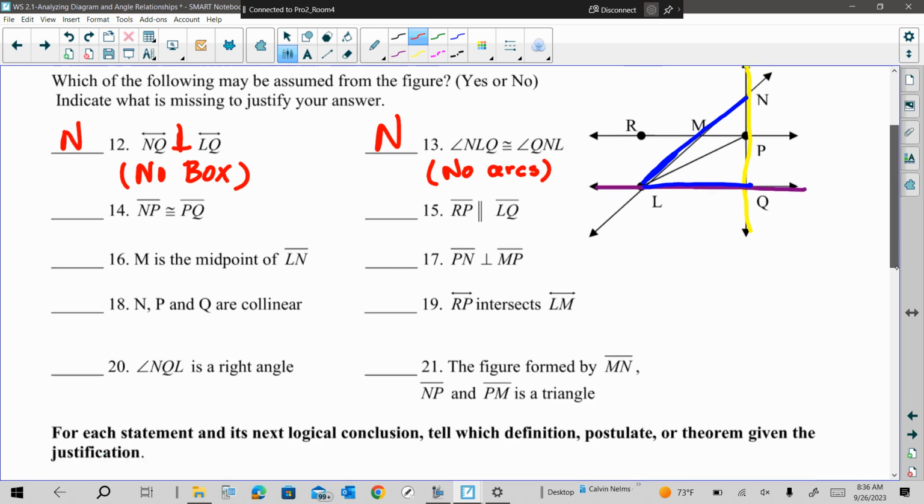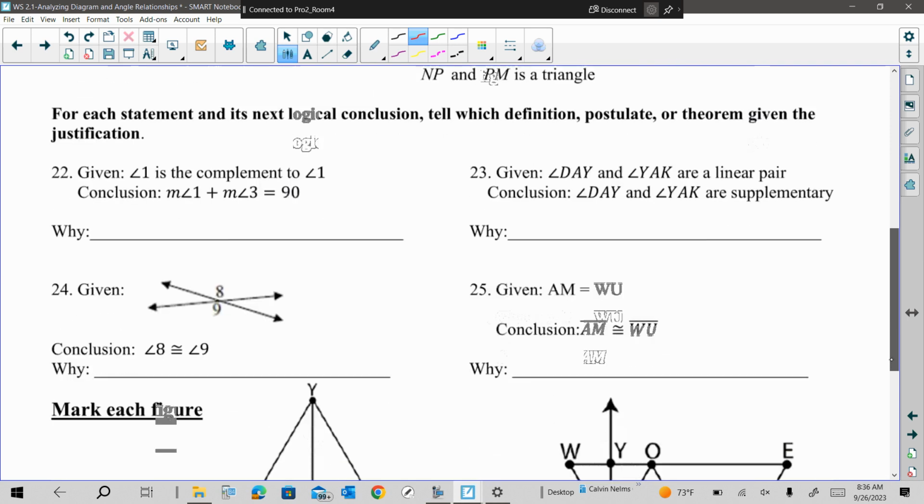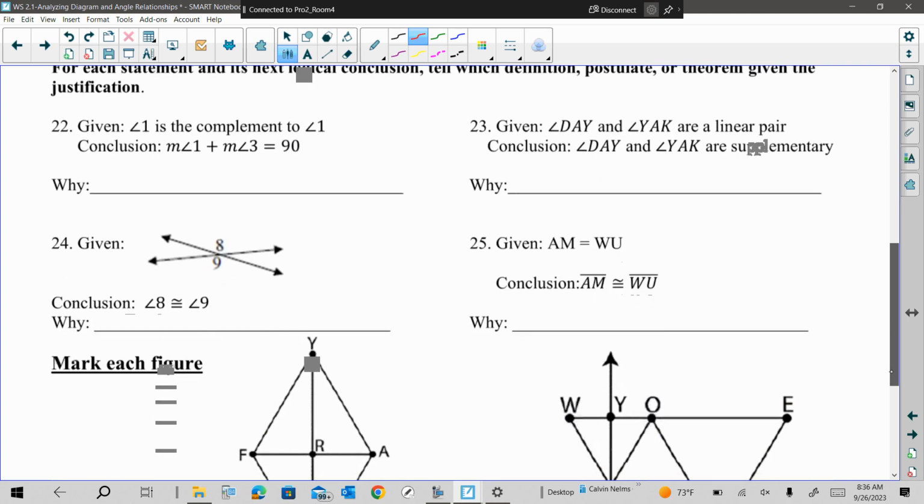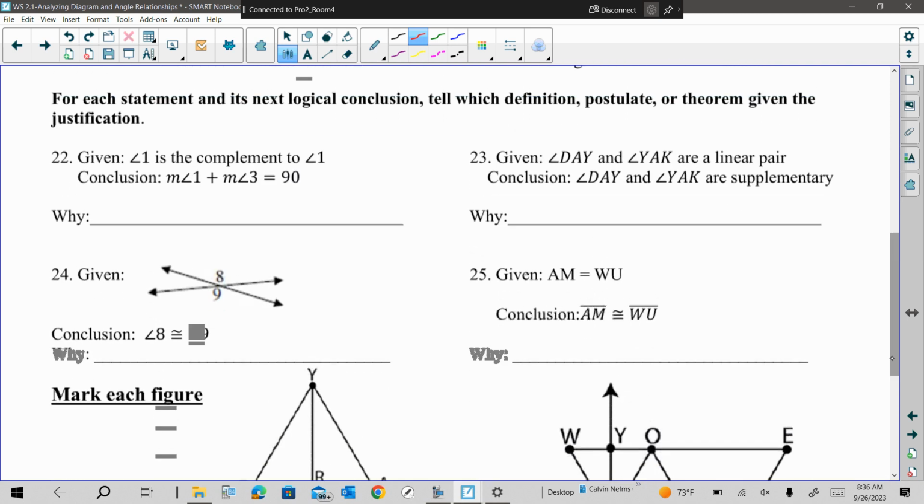All right, then from 23 to 25, you're drawing conclusions. This goes with that sheet as well. You're going to be given some information right here. It's given that angle 1 is a complement to angle, that should actually be angle 3. Sorry, that's a typo.